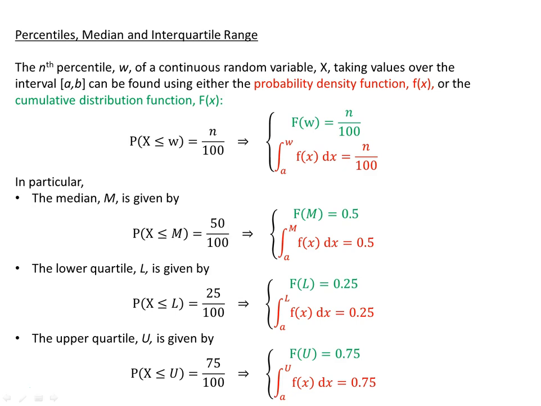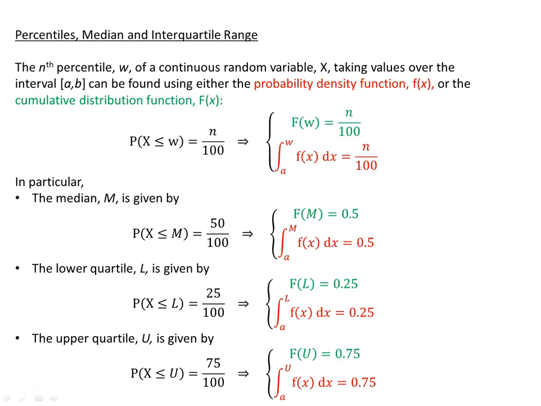So if we've got a continuous random variable x, taking values on the interval starting at a, ending up at b, then the nth percentile is either the solution of the equation F of w, the distribution function of w, equals n over 100, or equivalently it's the value w such that the integral between a and w of the probability density function equals n over 100.